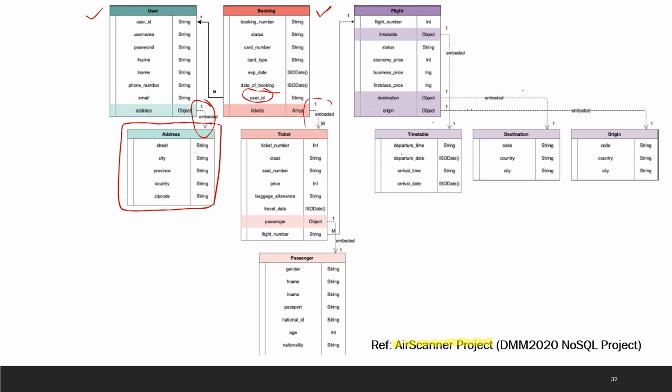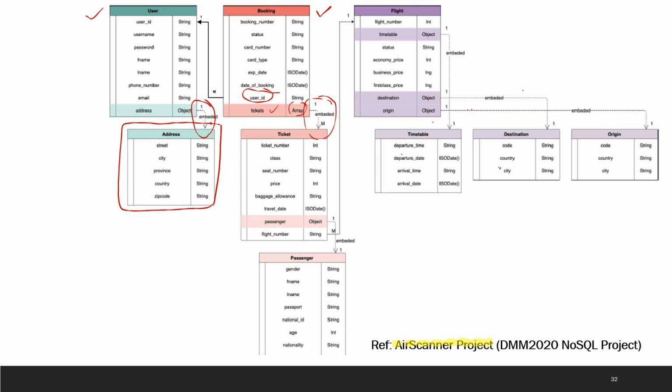When we use embedding, we use this kind of diagram notation, and when it is a solid line, it means referencing. Okay, so inside a booking document, we have a tickets attribute, and in one booking we can book many tickets, and it is an array of many sub-documents or nested documents, using the embedding mechanism.